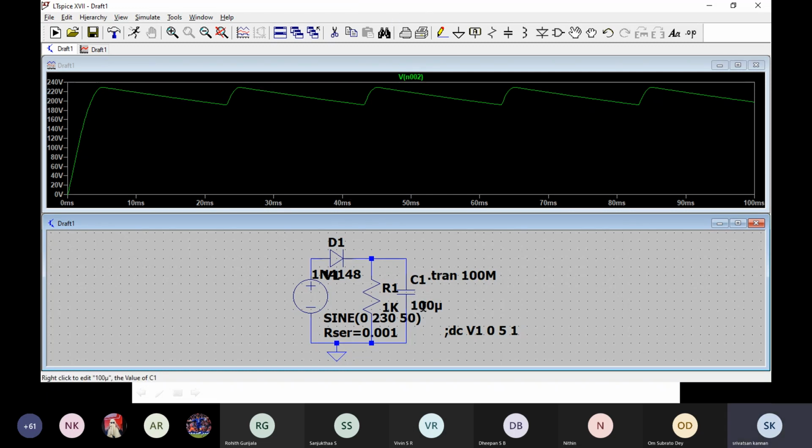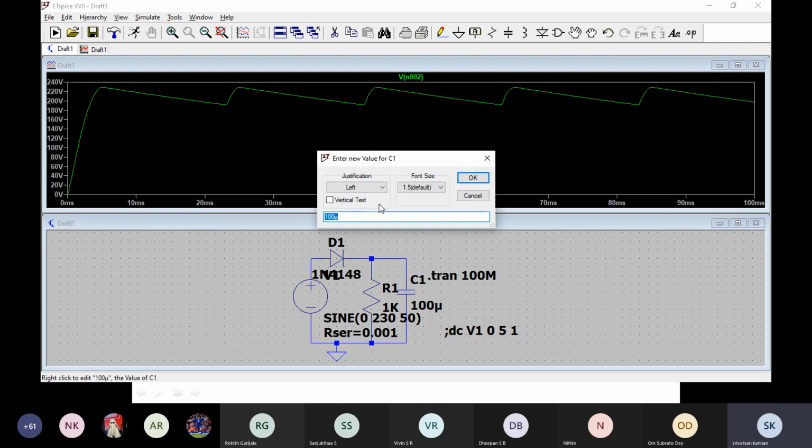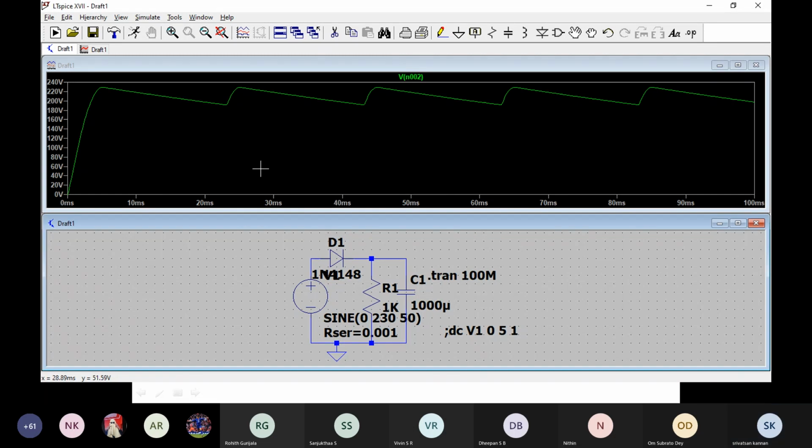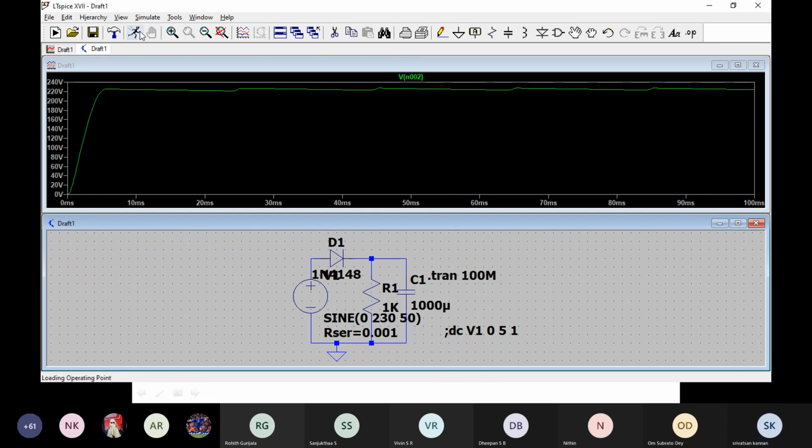So let us increase the capacitance value and try some other value, 100 microfarad, 1000 microfarad. So you can get almost steady state value, right? Constant voltage at the output using a capacitor. Got it?